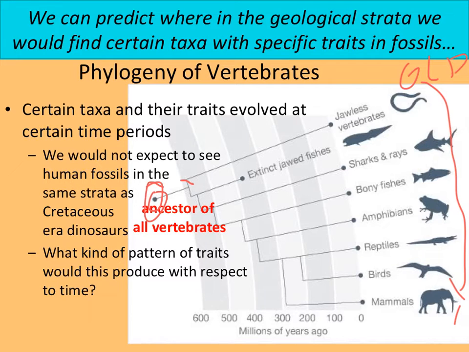And then there's a whole group of different kinds of fishes, including extinct fishes like the placoderms, that went extinct by 400 million years ago. And then sharks and rays showed up. And then from there, a population split off and evolved into bony fish. That's where most of the fish are today. Okay.